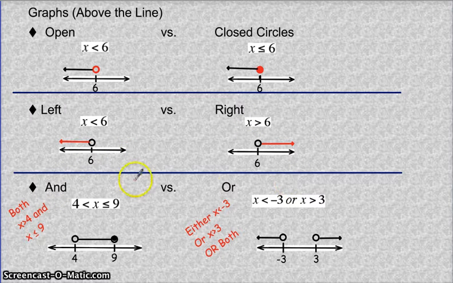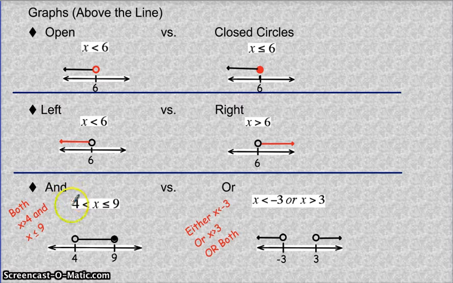And then finally, and versus or. If we're dealing with a compound inequality, if x falls between two numbers, 4 being less than x, but also x being less than or equal to 9, well, 9 is the top end of our line, and notice the or equal to, so solid dot. 4 is the bottom end, but again, no or equal to, so open dot, and x is somewhere in between. So x is both greater than 4.